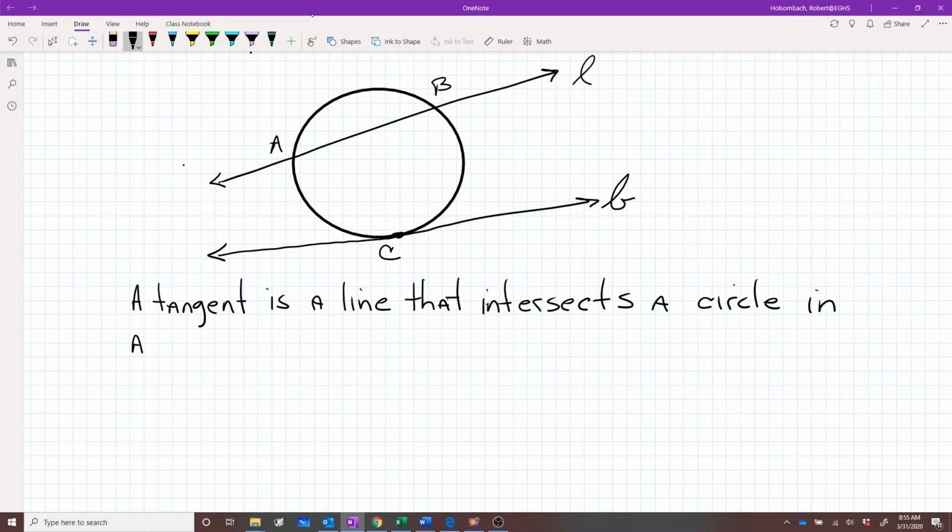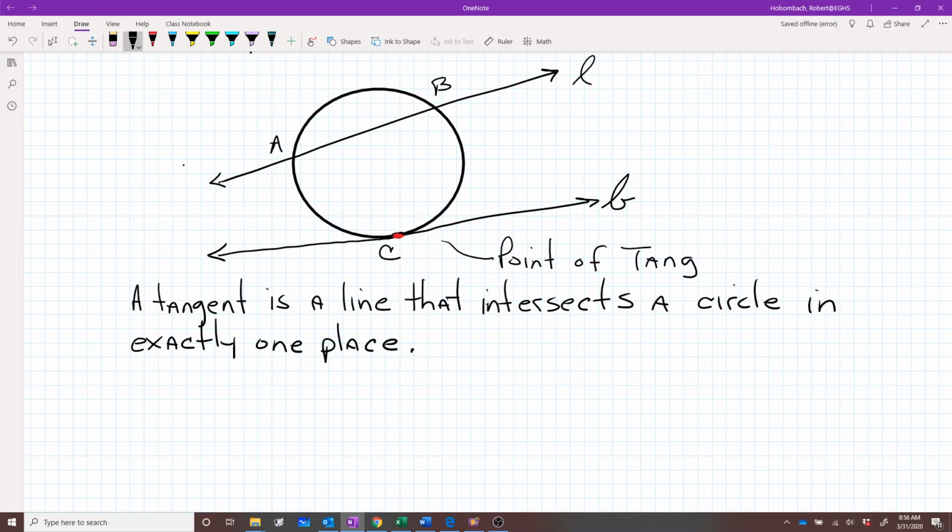In this case, this point C right here is called a point of tangency. That is the point at which line B is tangent to circle D.